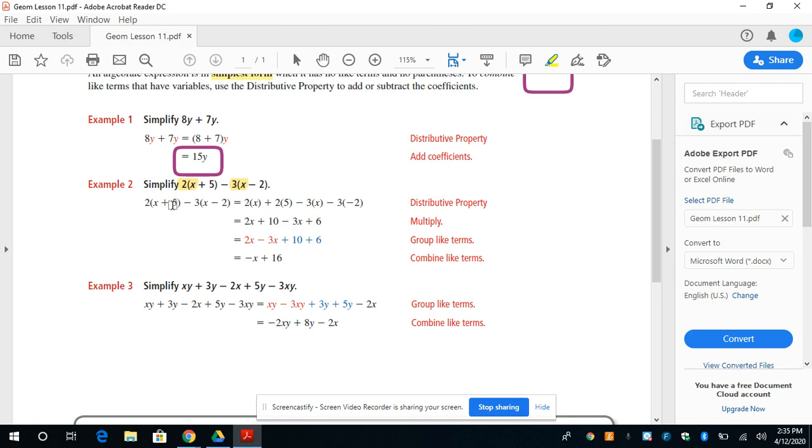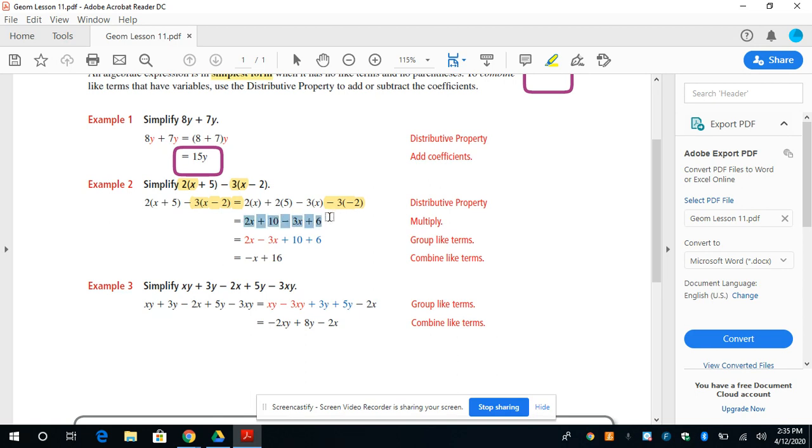So we have 2x plus 2 times 5 minus, so now over here, 3 times x, so we get 3x, minus 3 times minus 2. So if you see here, you have to take into consideration those signs. So a negative 3 times a negative 2 is a positive 6.